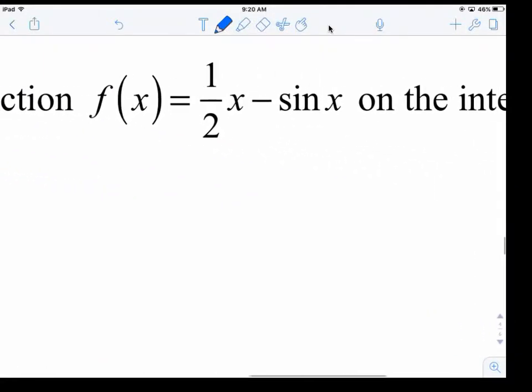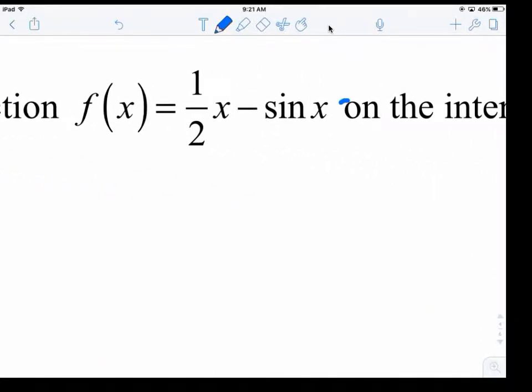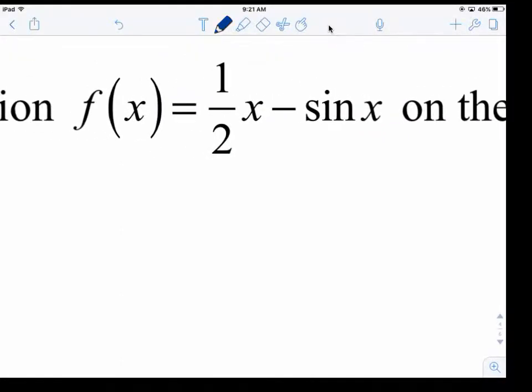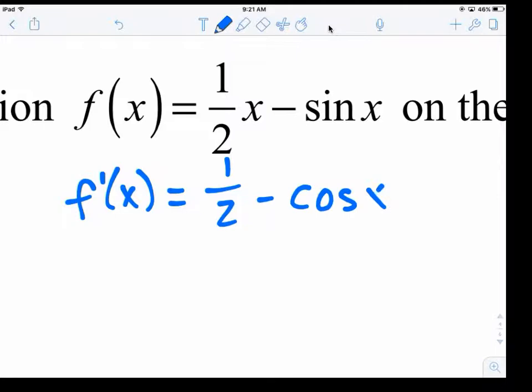So we need to find our critical values first. All right, so f prime of x would be what? Right, so we're trying to see where does that equal 0.